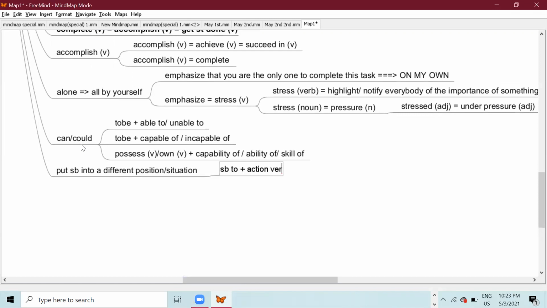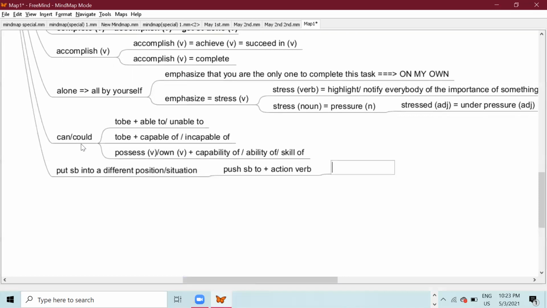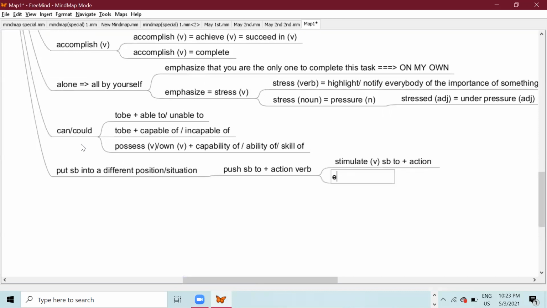Very cool. Or if you use push, you can think of one more verb, the word stimulate. You use this word to talk to me in the radio talk method class. Stimulate somebody to do something. Or encourage, which is a strong word.